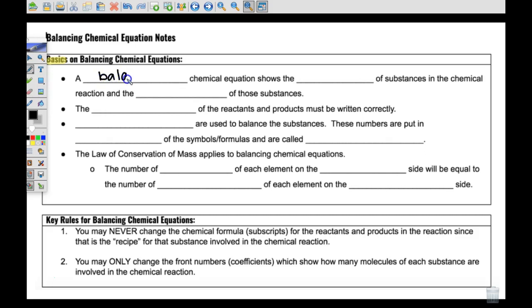A balanced chemical equation shows not only the formulas of substances in a chemical reaction, but also the amounts of those substances.